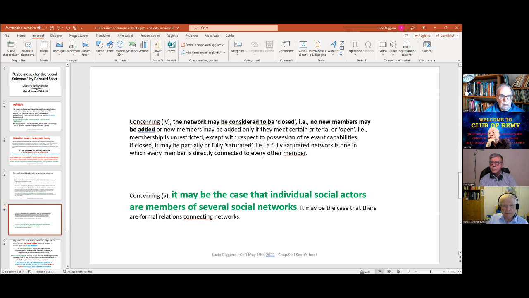Okay, and that's very straightforward. Now, may be the case that individual socialites are members of several social networks. Well, yes. In sociology, in other terminology, people talk about social roles and the number of social roles that a particular human social actor may have, and we can even apply that to a social system, a collective, as an actor.